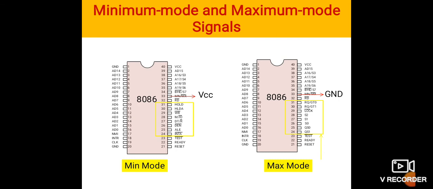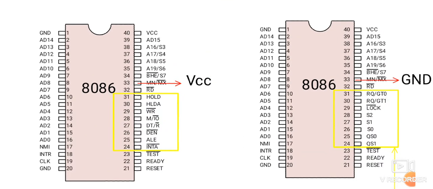These are the signals which are particular for the minimum mode and particular for the maximum mode. For the minimum mode, you could see hold and hold acknowledgement, write, memory/IO, data transmit receive, data enable, ALE, and interrupt acknowledgement.